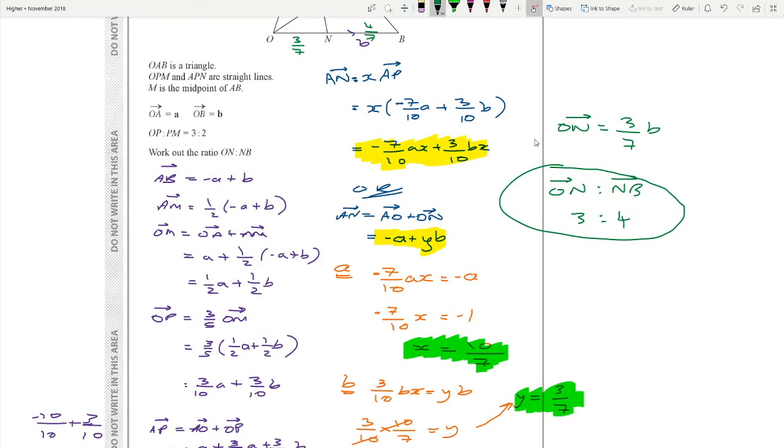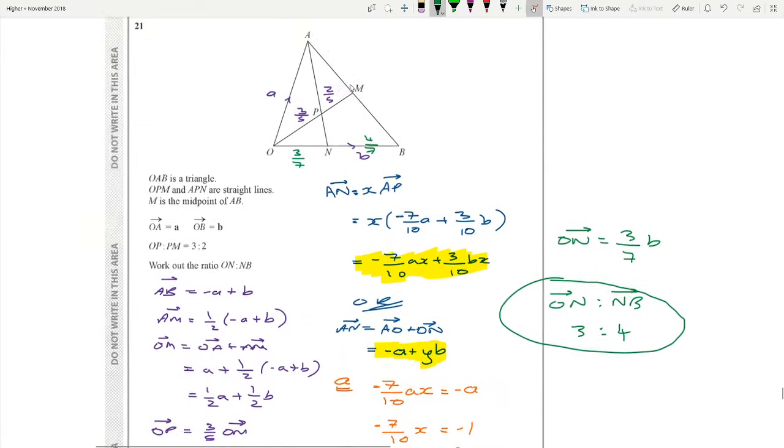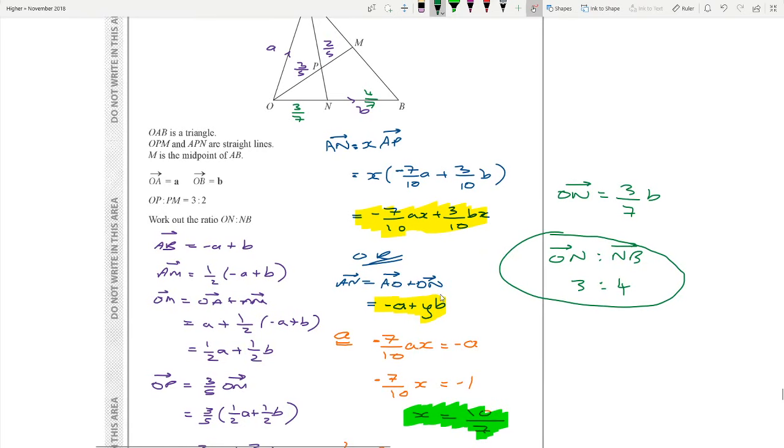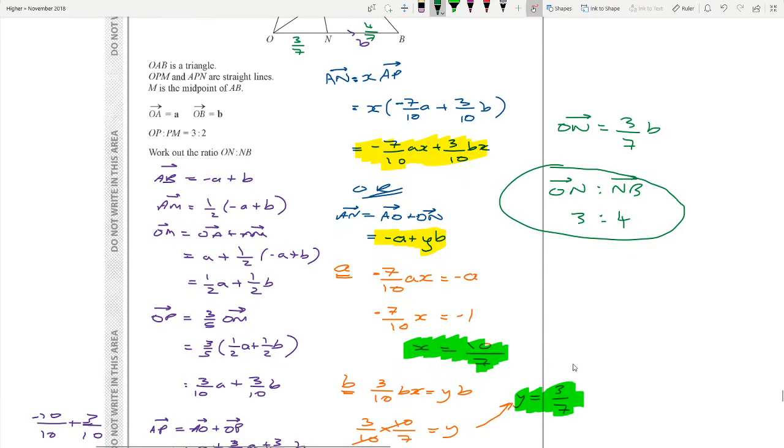Okay, that was a tricky question. I think the hardest part is this stage here, when we wanted to work out the vector AN: to identify that it's some kind of multiple of AP, and then finding the alternative way of getting it as well, making those two equal to work out the values of x and y, then bringing that all back together again.